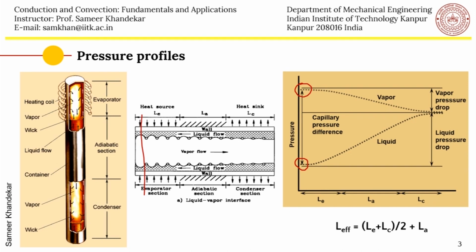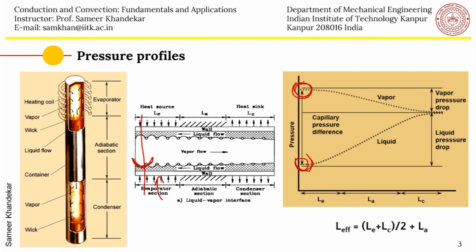The liquid and the vapor pressure are sustained by this particular curvature of the interface due to the Young-Laplace condition being satisfied. So at the evaporator, the heat is coming in, the vapor pressure is increasing. You can see that the highest pressure of the system is the vapor pressure. The liquid and the vapor are separated by the interface, and therefore because of the curvature there is a pressure difference, which we will see is equal to the capillary pressure difference supported at the evaporator.